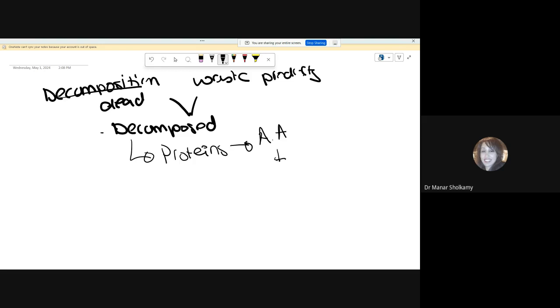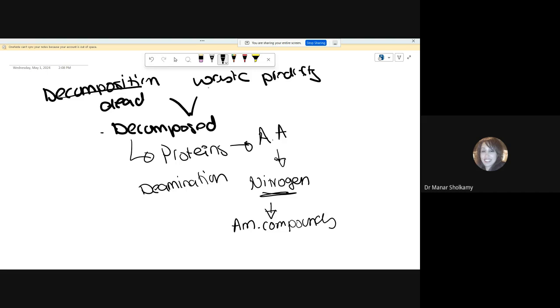And then the amino acids, what do we take from them? Nitrogen. The nitrogen part is removed from the amino acid. The nitrogen that is removed from the amino acid is removed in a process called deamination. This nitrogen part that has been removed in deamination is first converted into ammonium compounds in a process called ammonification.